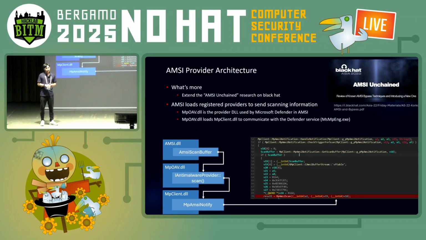In Defender, there are two DLLs loaded into PowerShell. First is MpOav.dll, and the second is MpClient.dll, which is loaded because they need to communicate with the Defender service. Okay, so we want to know if there is an unusual way to interact with the two DLLs to turn their service off or turn their detection off.